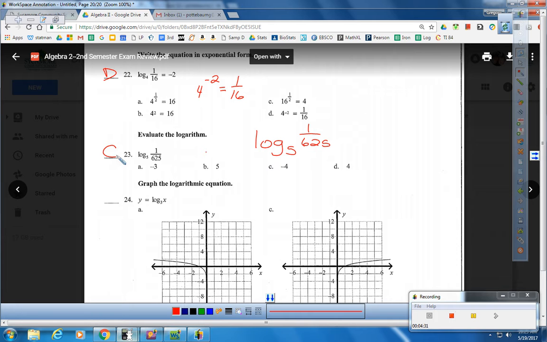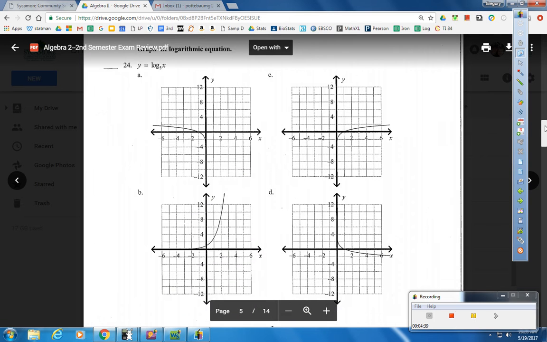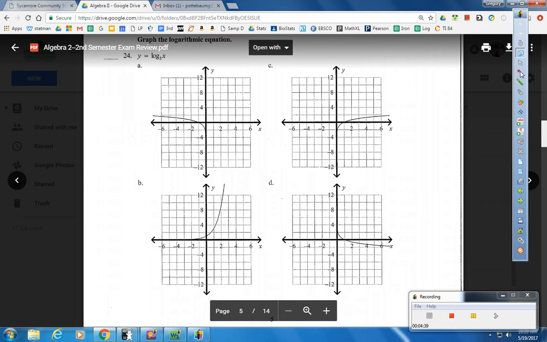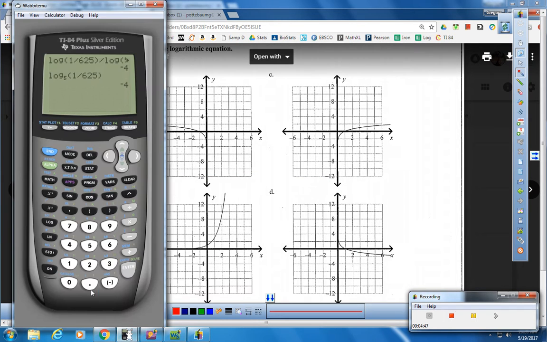And it's the same thing for graphing a logarithmic equation. So for number 24, when we go to graph it, we're just going to plug it in the calculator exactly the way that we see it. So we're going to do log base 3 of x. Let's clear this out. Y equals, clear, log, and I'm going to hit math, log base 3 of x.